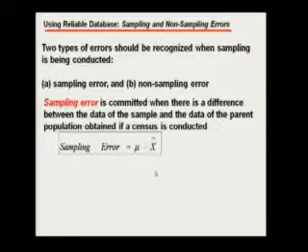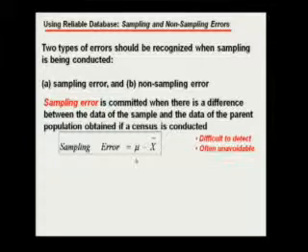It's always going to happen that you will take samples that will not match in average the population mean exactly. So we have to tolerate that, because the only way to avoid that is to take a sample that's as large as the population, which is practically impossible or very costly.